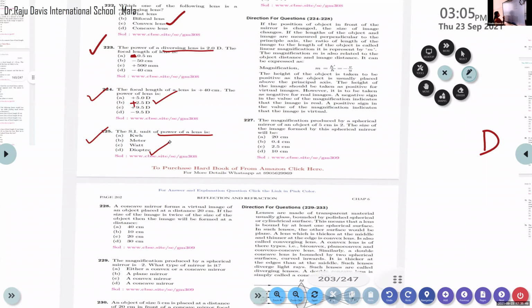Now we have question number 228. It is something related to a mirror. A concave mirror forms a virtual image of an object placed at a distance of 20 centimeter. If the size of the image is twice the size of the object, then the image will be formed at a distance of 40 centimeter, 10 centimeter, 20 centimeter, or 30 centimeter.